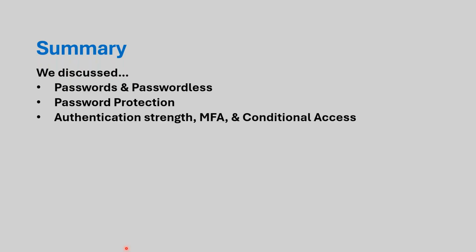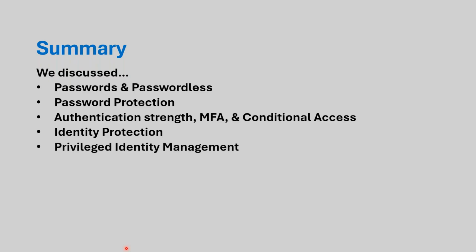So not only has my account been checked a couple times along the way, but it will be verified again when a particular action is being done. So we talked about that. Identity protection. This is your risky user, risky sign-in. And now you have insight from Microsoft's monitoring as to what your accounts look like and how risky they are.